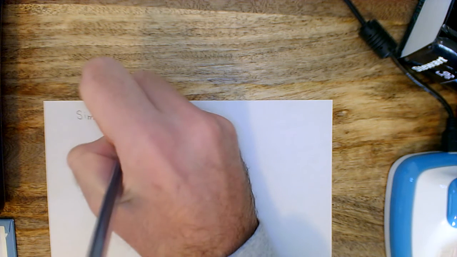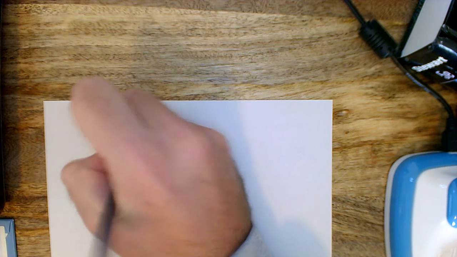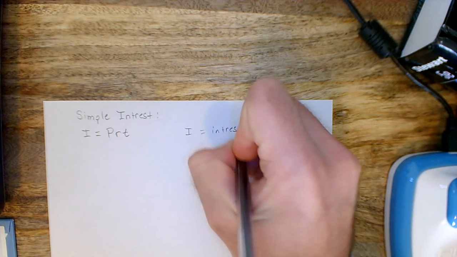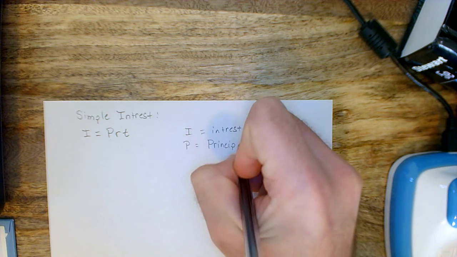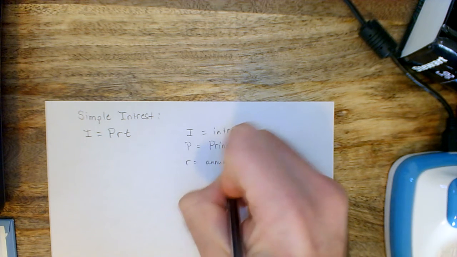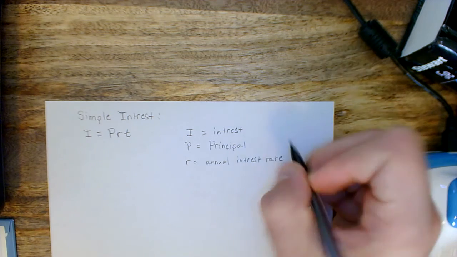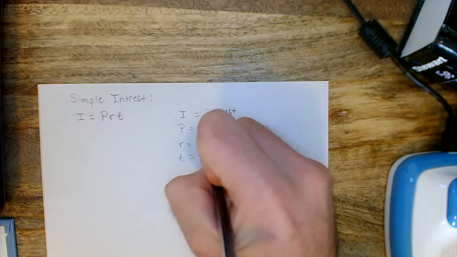There's simple interest, and the formula for simple interest is I equals P times R times T, where I is interest, P is principal, R is annual interest rate, and T is years.